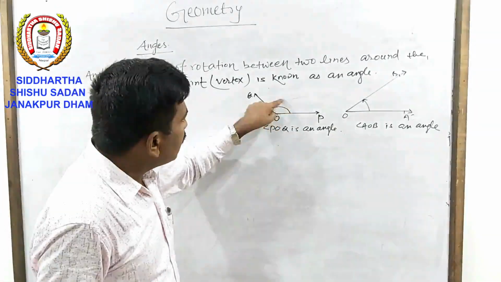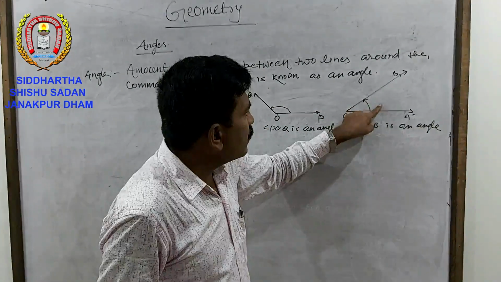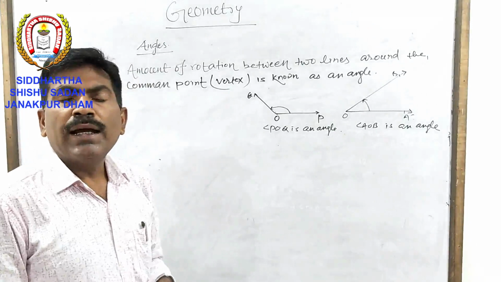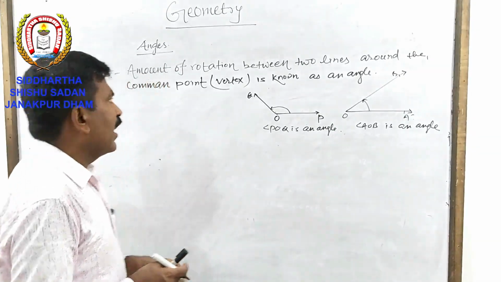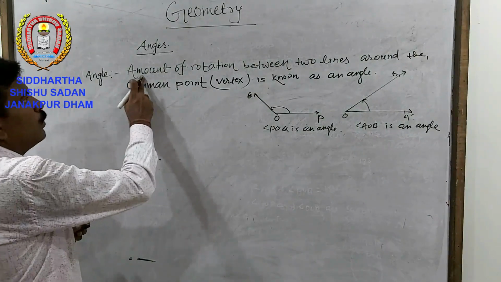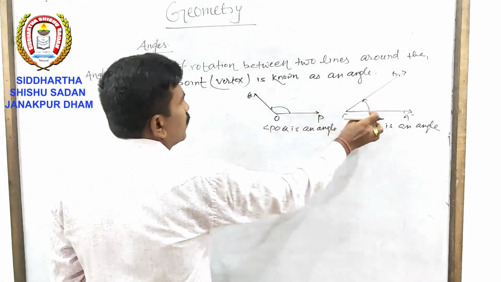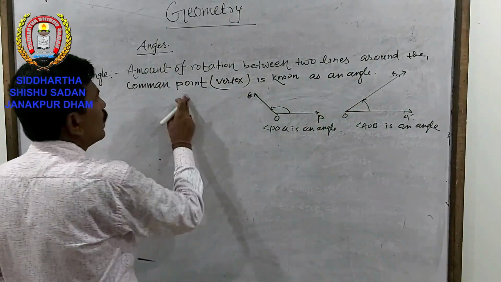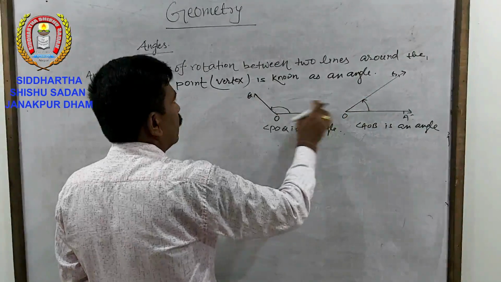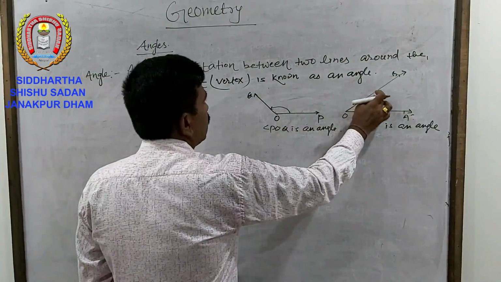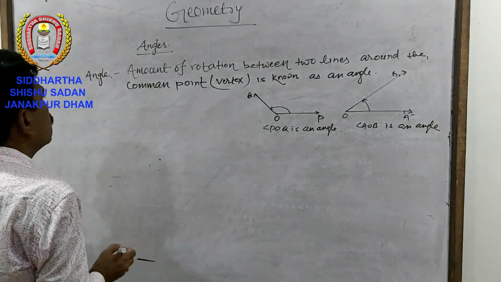That's why this is known as an angle. This much amount of rotation is known as an angle. So is it clear? Okay, now let us see. So amount of rotation between two lines, around the common point, O is a common point, is known as an angle. So this is the amount of rotation, this is the amount of turn. Is it clear? Okay.